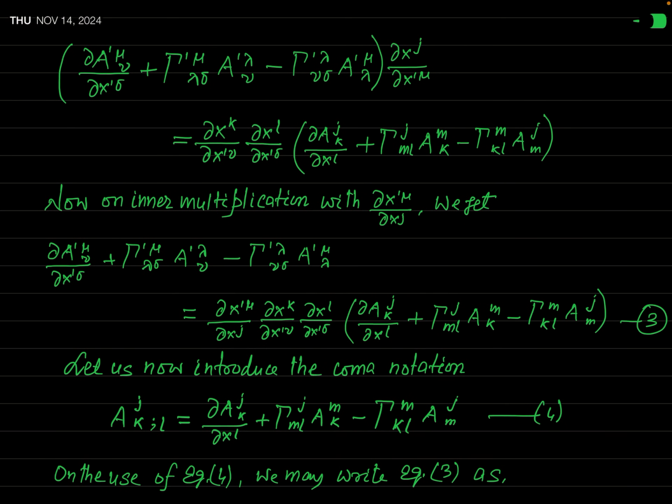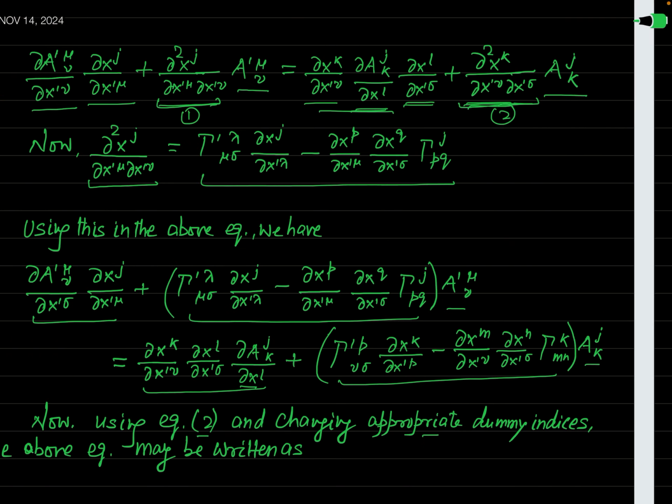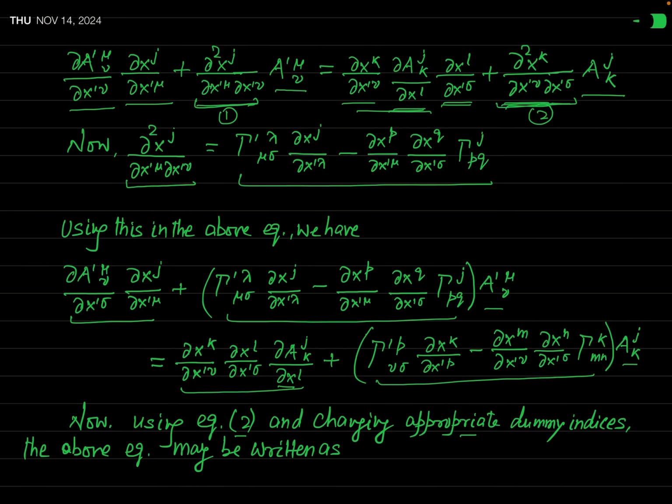You can see here del xj by del x prime lambda and del x prime mu is here.